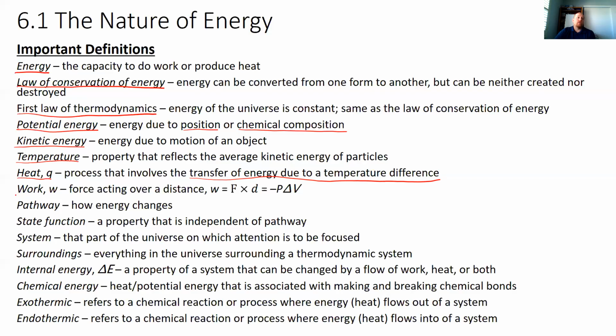Work, another way that energy is transferred, is by a force acting over a distance. Now we're going to look at it from the standpoint of pressure-volume work associated with a system. And we'll see that in a slide or two.